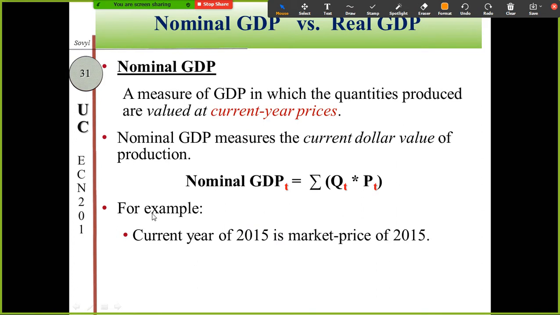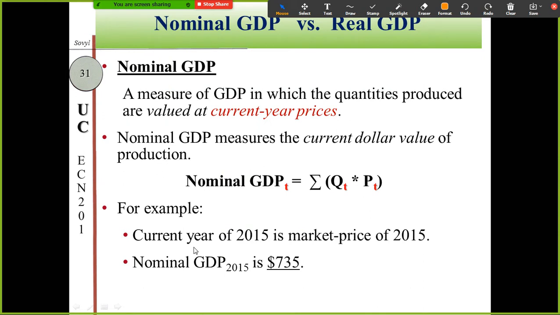For example, based on our table earlier, the current year 2015 uses the market price of 2015. If we want to calculate nominal GDP of current year 2015, we take price from 2015.